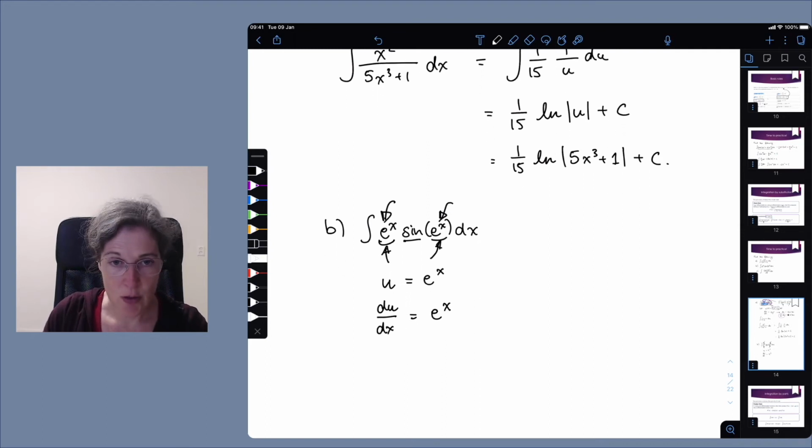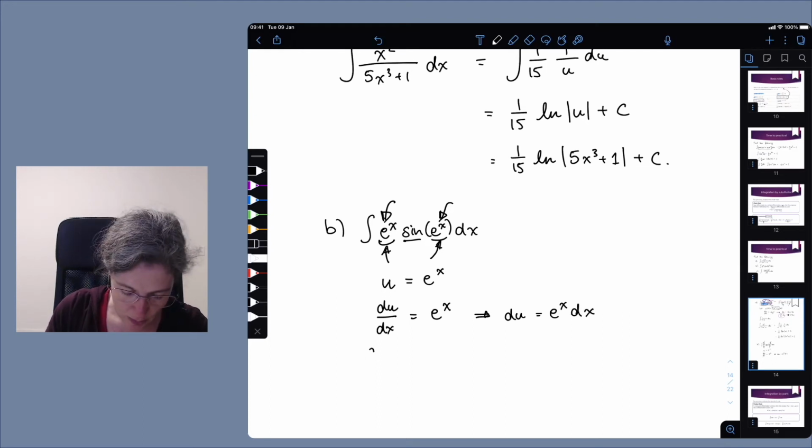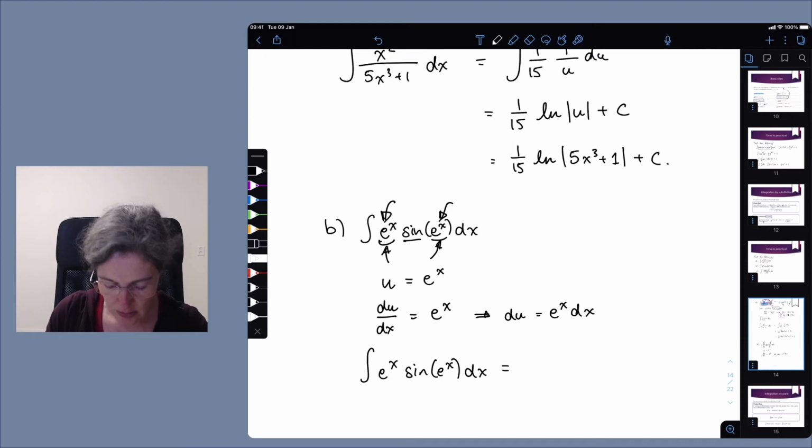Now I do the somewhat illegal multiplying both sides by dx to give me du is equal to e to the x dx. And now what I want to do is replace everything involving x's with things involving u's. So I'm going to have the integral.